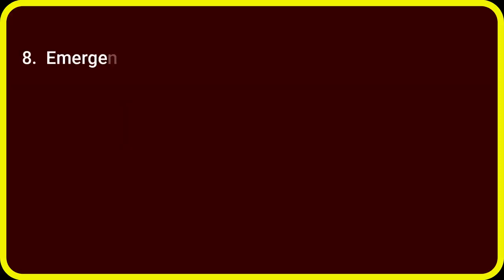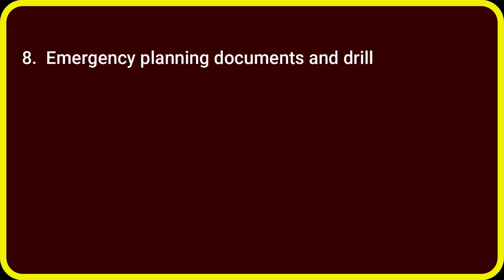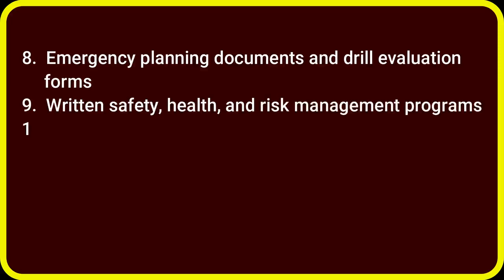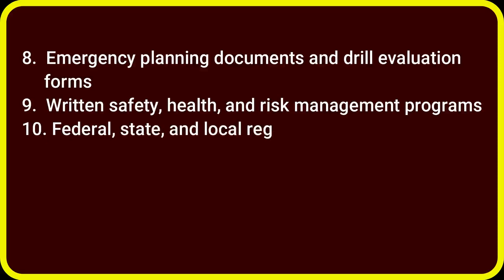Number 8, emergency planning documents and drill evaluation forms. Number 9, written safety, health and risk management programs. Number 10, federal, state and local regulatory reports. Number 11, organizational policy and procedures manuals.